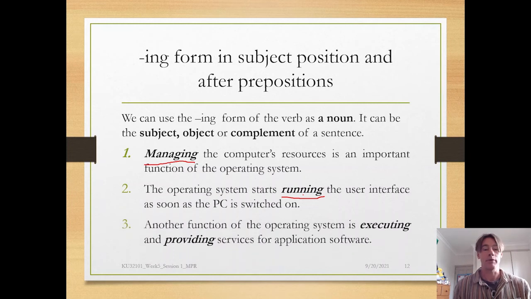Our third example, another function of the operating system is executing and providing services for application software. Here we have 2 examples. We change execute to executing, and providing comes from the verb provide.